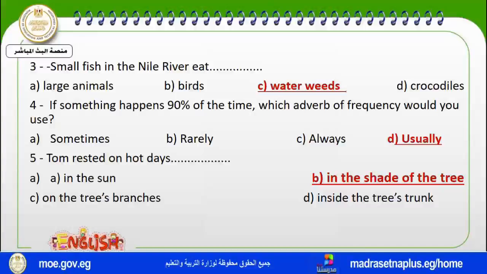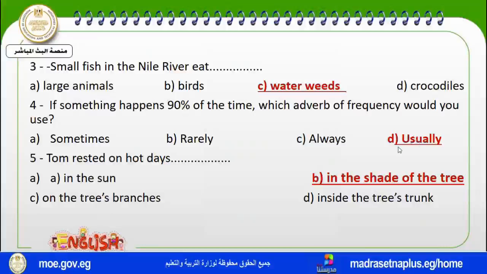Sometimes is 50-50, the same yes, the same no. Rarely is 1 or 2 times, and never is no. It can't happen. So when something happens 90% of the time, it's usually.